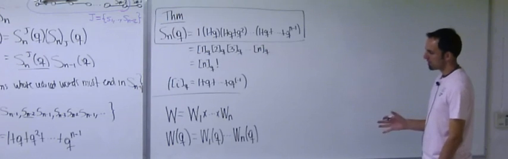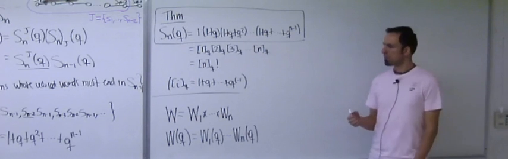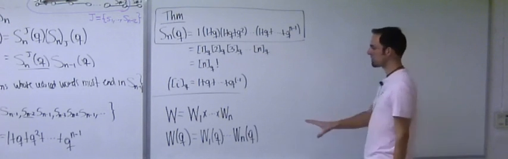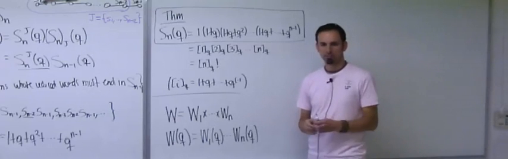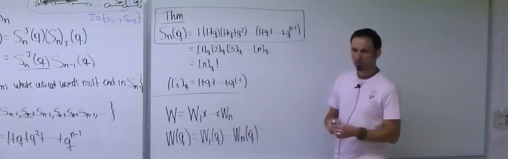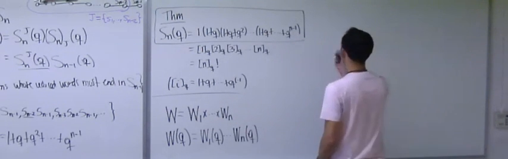So what this tells us is that if we would like to compute the Poincare series of Coxeter groups, then we might as well restrict our attention to the ones that have connected graphs. Because for disconnected graphs, we just multiply these guys. Okay. So what about connected graphs?